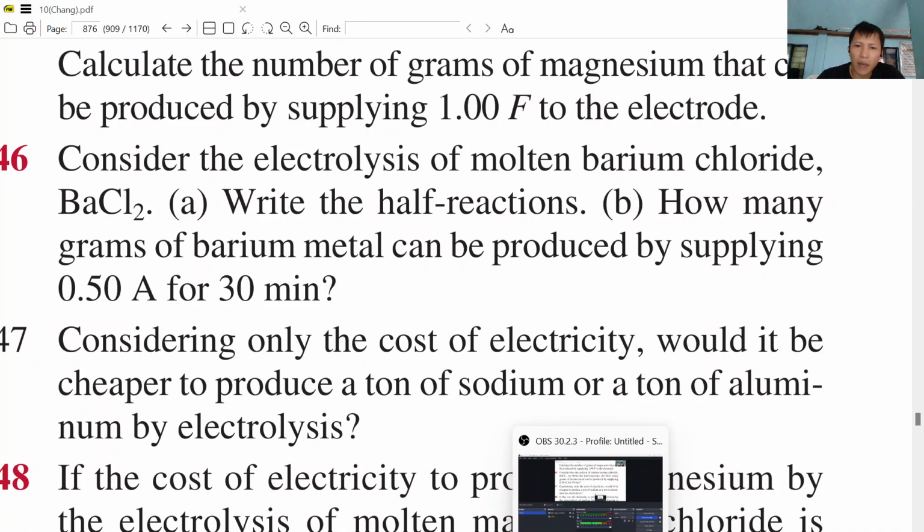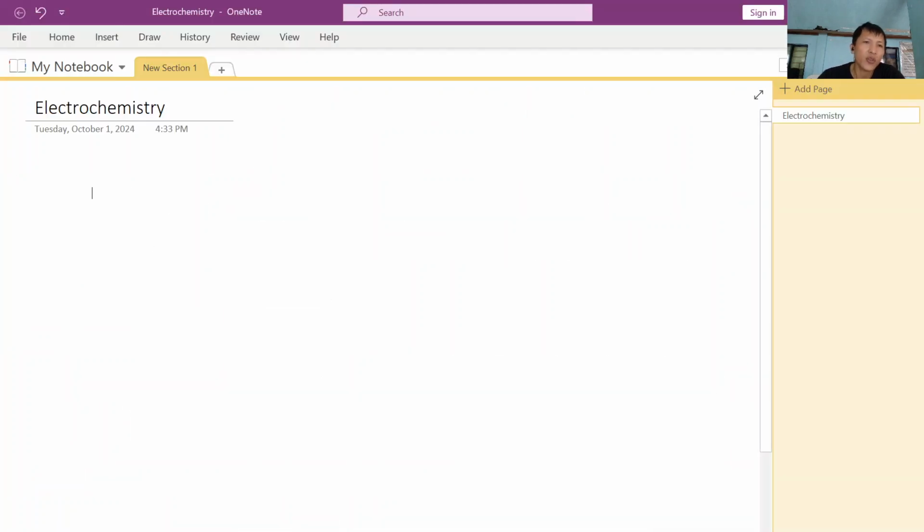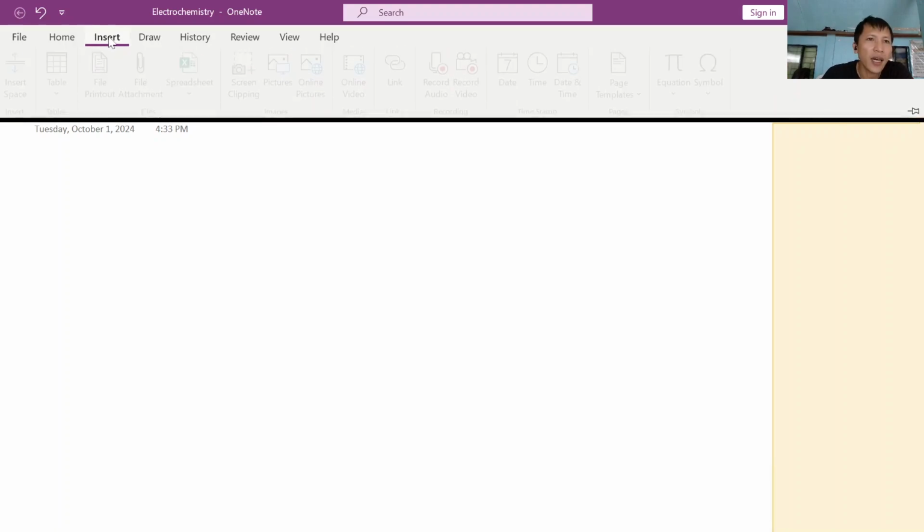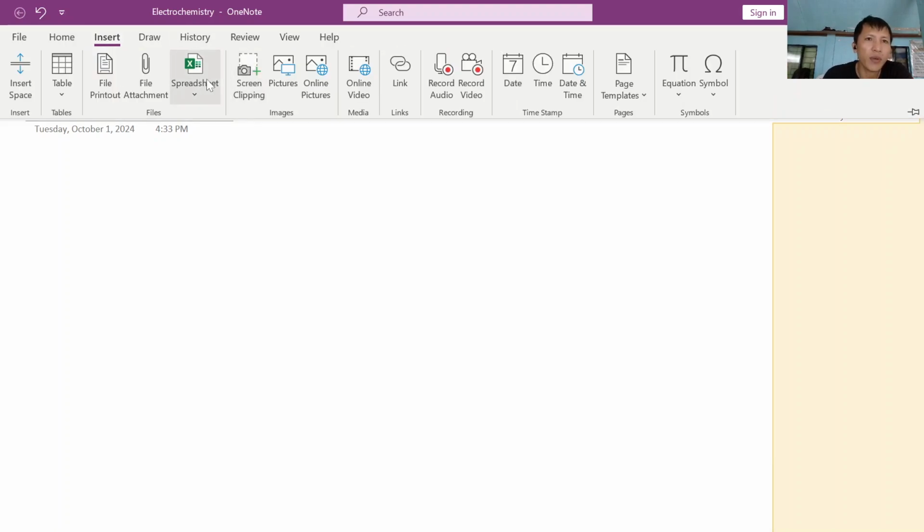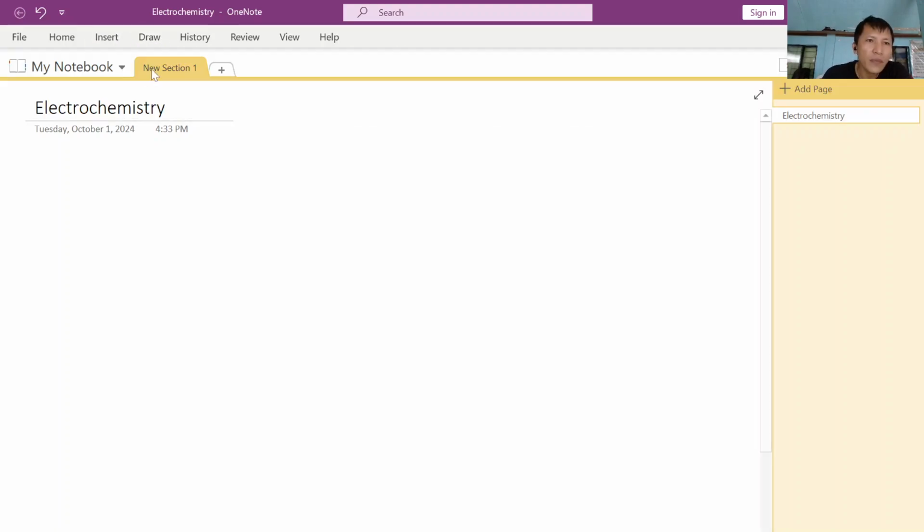Anyway, I might not be asking you to write reactions, but this is important for us to understand. I may not ask you during quizzes, but I should do this as an example. So you have barium and chloride.